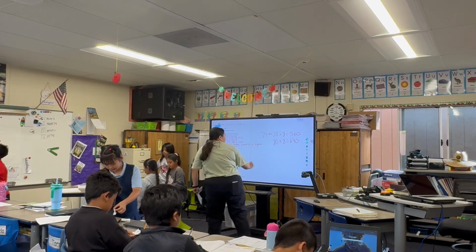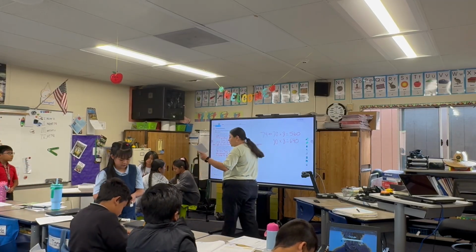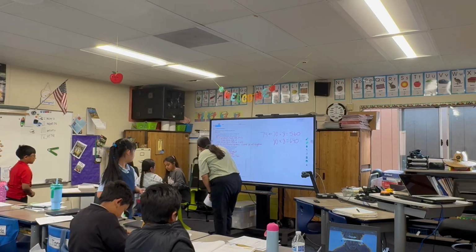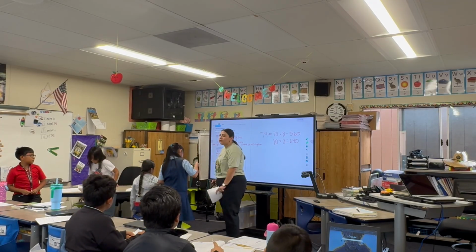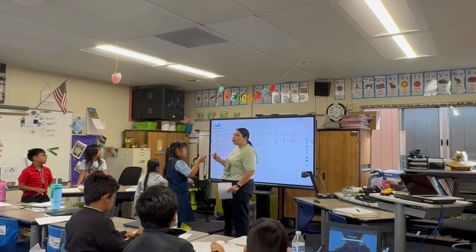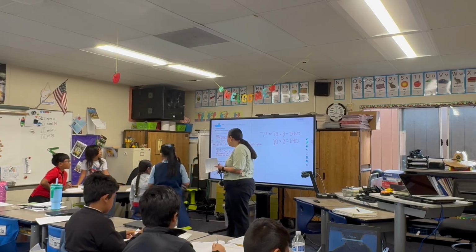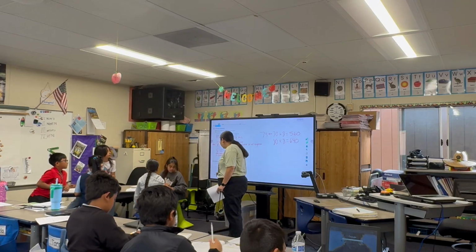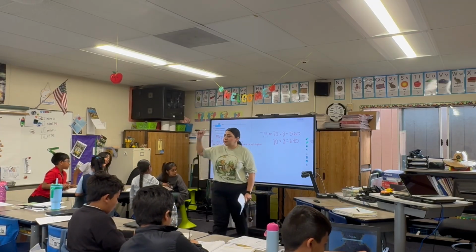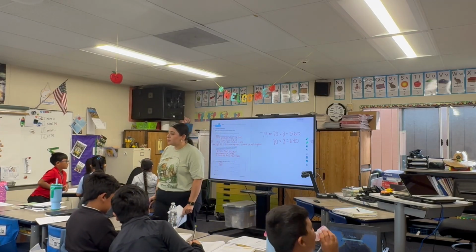Down here, I had someone already finish, which was awesome. They did it right, but they only wrote the answer, 150. I want to see what you're rounding that number to. So if you're doing 3, what would we round that 52 to? Would we round it to 60 or 50, boys and girls?